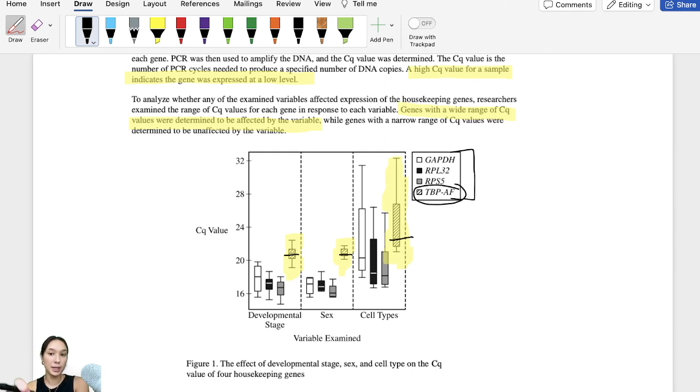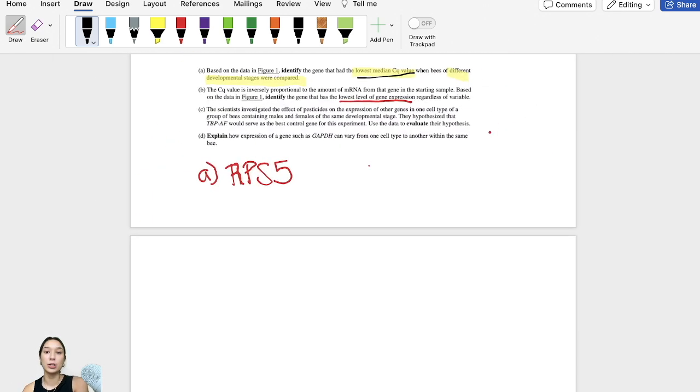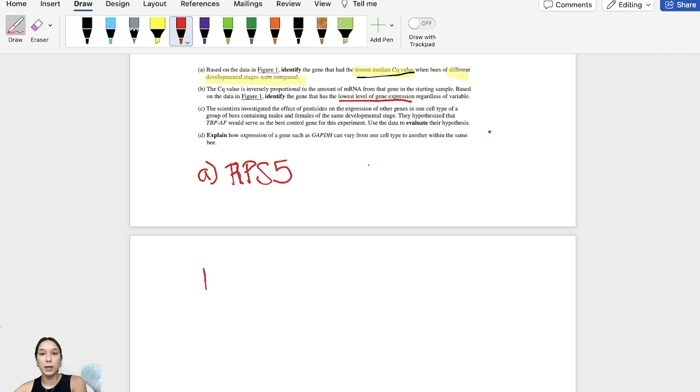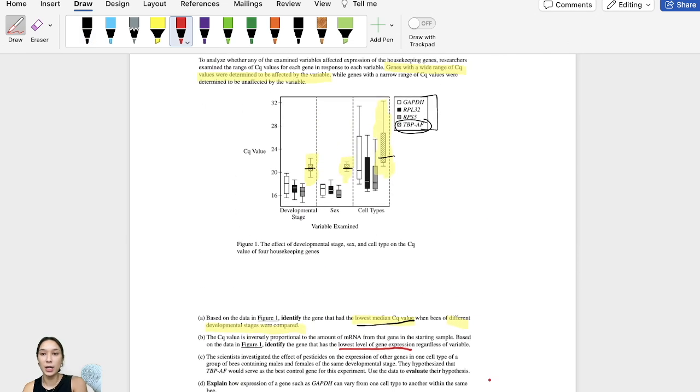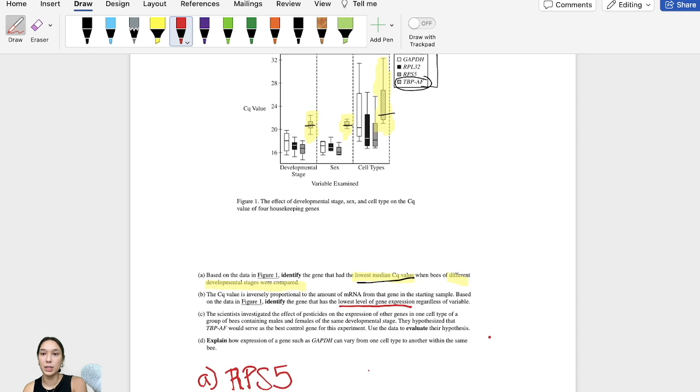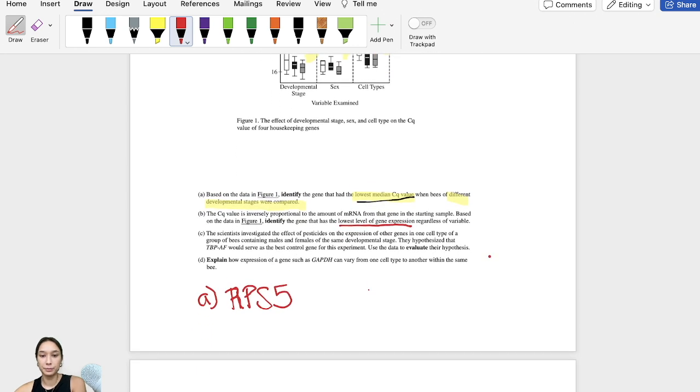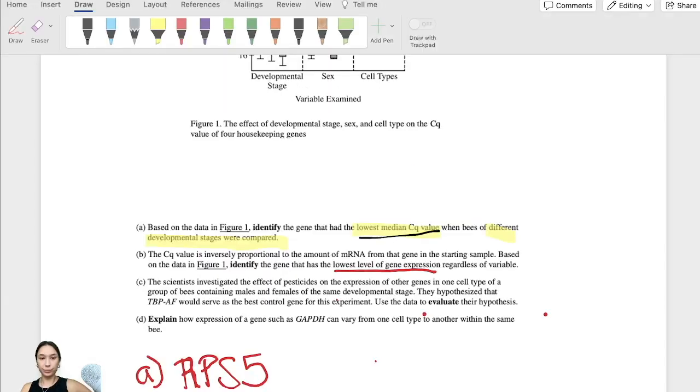So since this one is the highest across all of the different variables, so developmental stage, sex, and cell types, it is the lowest gene expression. They have the highest CQ value, therefore the lowest gene expression. So B is, again, it just says identify, so you just need to put down the name. It's TBP-AF. Okay, so that's it for question B.